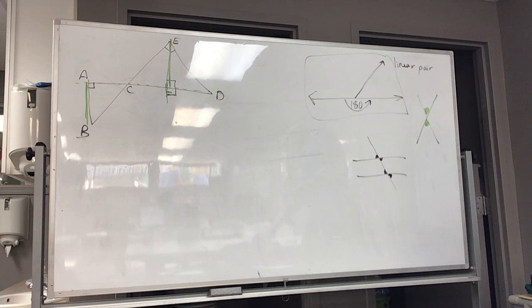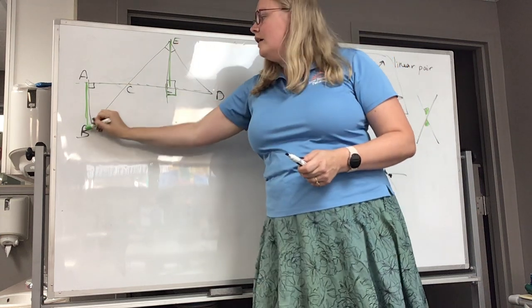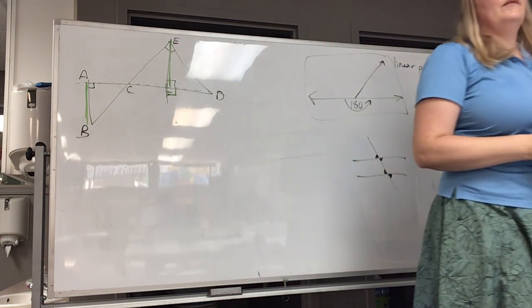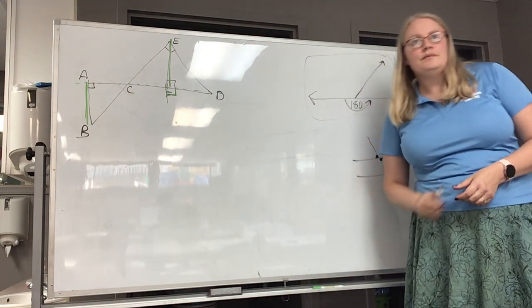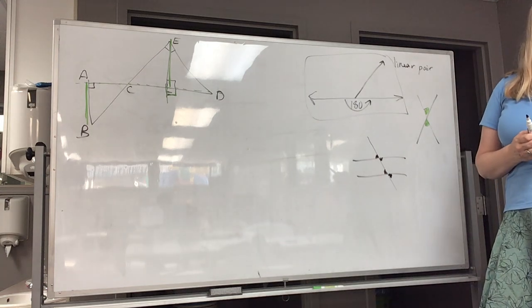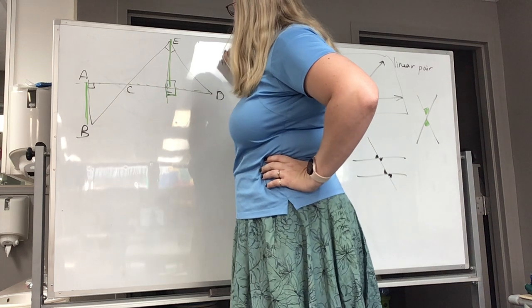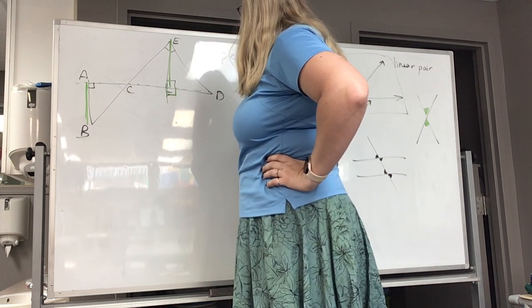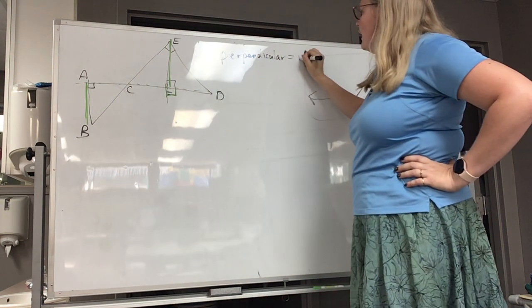Next, they say that DE is perpendicular to BE. So DE and BE are those two lines right there. Do they have to be perpendicular? So remember that perpendicular means that they meet at right angles.